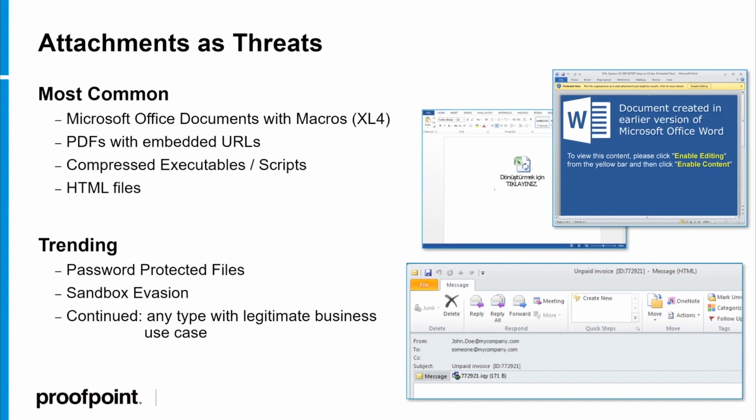Some interesting trends here that we've seen: widespread adoption of password protected files. When you zip a file and add a password to it, that encrypts it. That means that automated detection capabilities that might scan an email or put it in a sandbox as soon as it comes in aren't going to be able to determine the contents of that archive unless the password is actually put in.